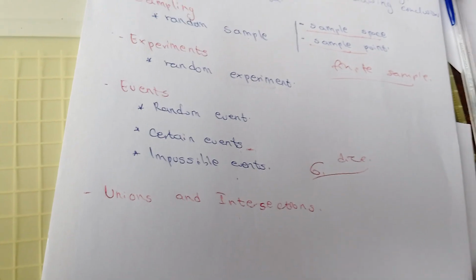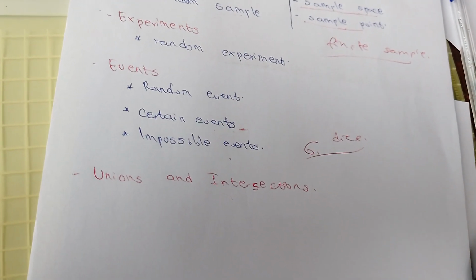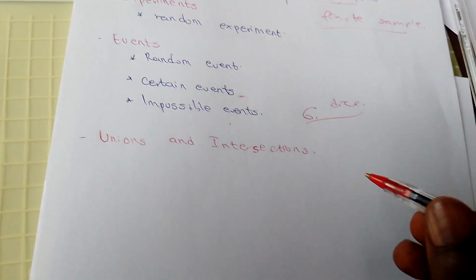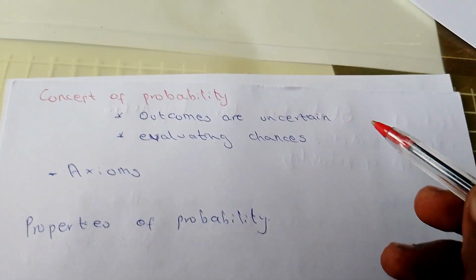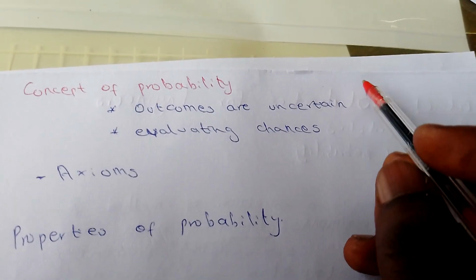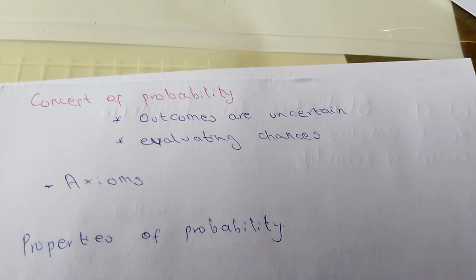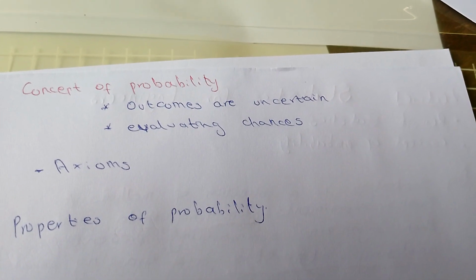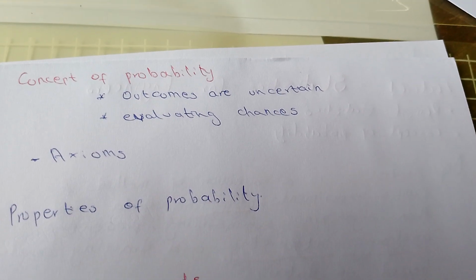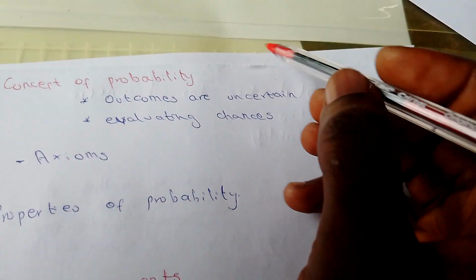Okay. So let's briefly go to the next thing and talk about probability, since these are all familiar terms. The concept of probability: when we talk about probability, we are considering that for an experiment, you have outcomes that are not certain.